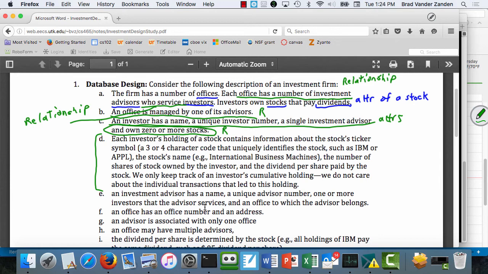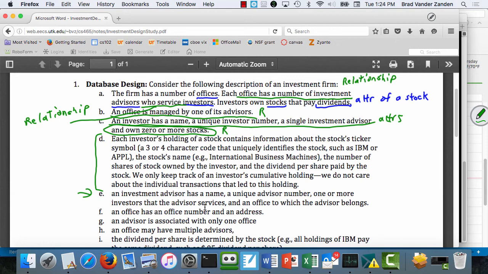So E, an investment advisor has a name, unique advisor number, one or more investors, and an office. So we can break this one down. How do we break it down? Andrew, based on your rule, what should we say in E? Which are attributes and which are relationships?